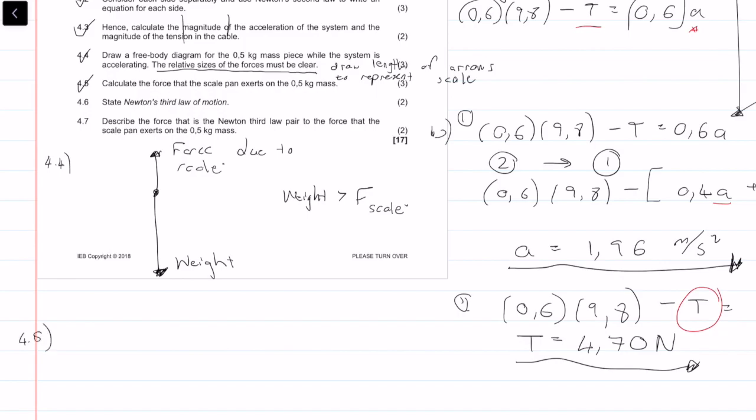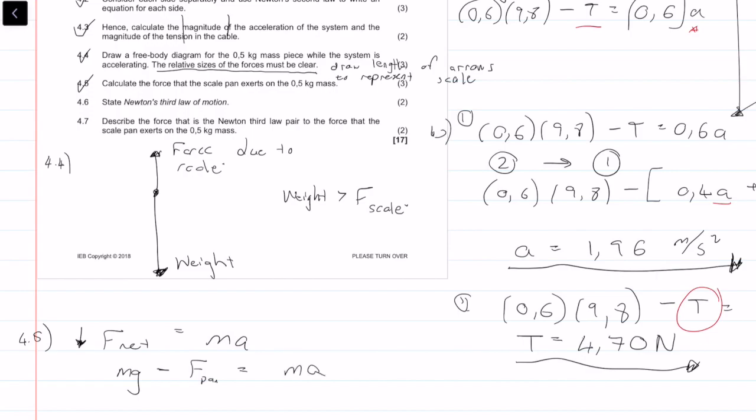Then moving to question 4.5. Calculate the force that the scale exerts on the 0.5 kilogram mass. Okay, so we're going to use Newton's law again. So F net is equal to ma, and let's say down is positive. So we have the weight mg minus the force F that the pan exerts is equal to the mass times the acceleration.